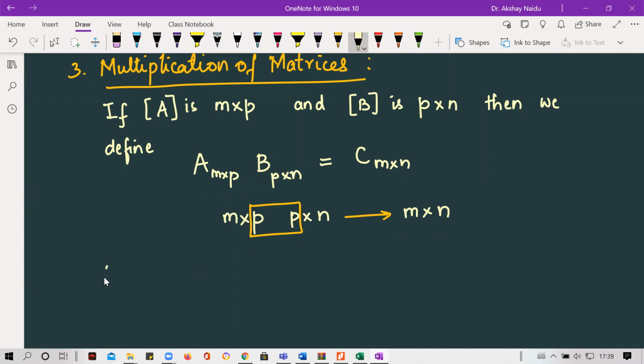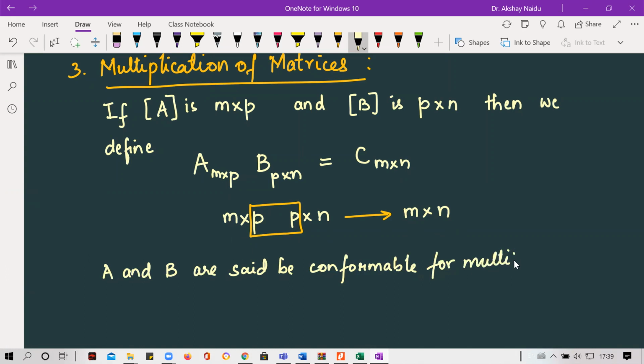Now A and B are said to be conformable for multiplication if, tell me in words, when can two matrices A and B be multiplied?